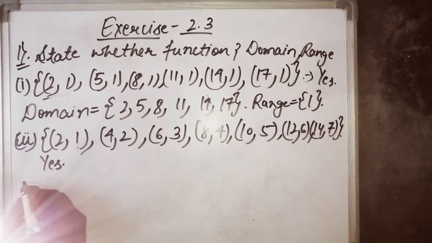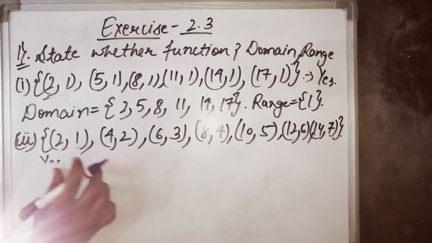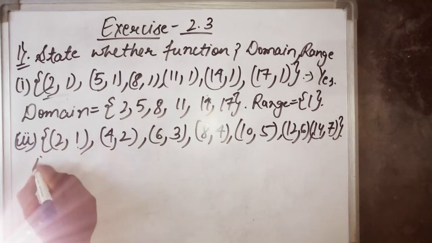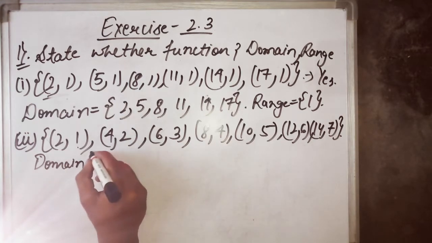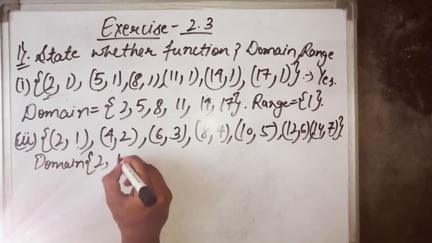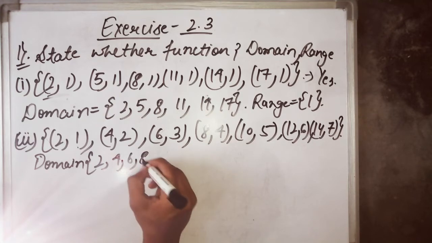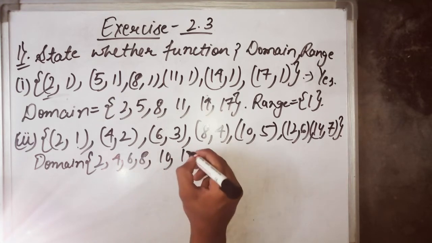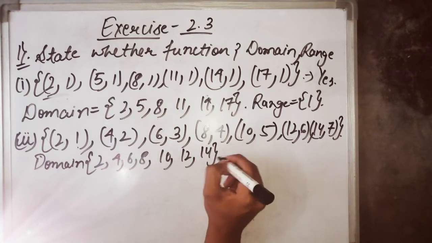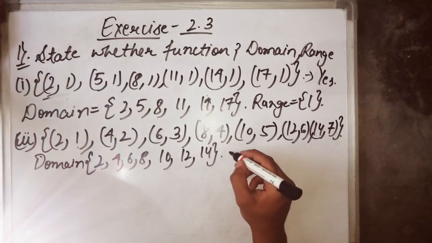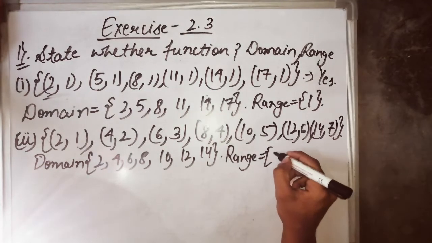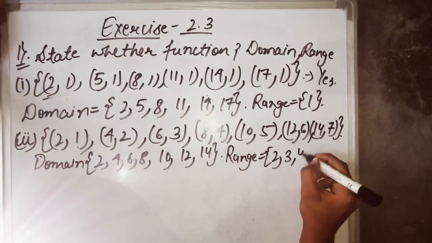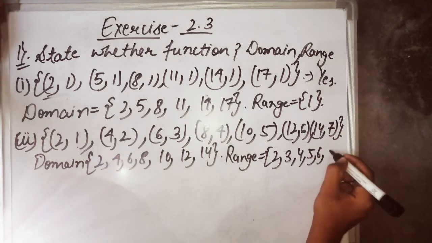Now we write down its domain: 2, 4, 6, 8, 10, 12 and 14, and range is 1, 2, 3, 4, 5, 6, 7.